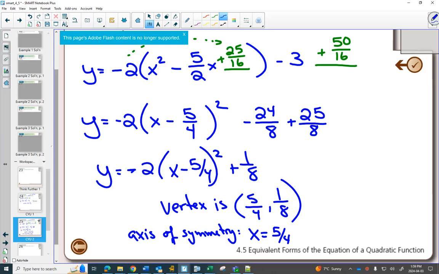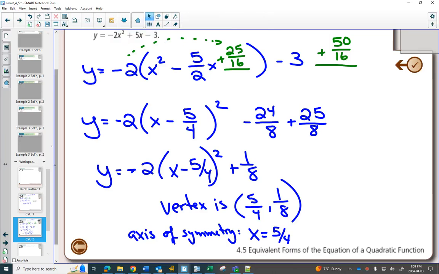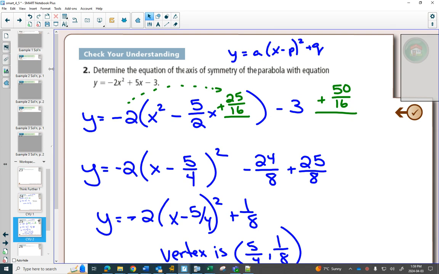At the bottom. Question? When you do your p as like the x-coordinate, why don't you take the negative with it? It's a great question, and the answer to that question is based in the original equation. See how it's x minus p? So I have x minus, p has to be just the 5/4.